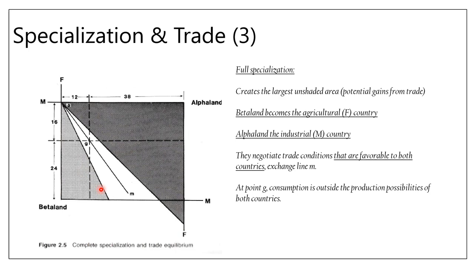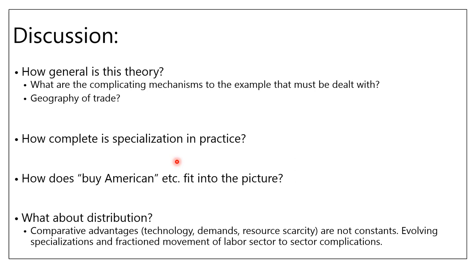But what is not captured out in here is, what if in this specialization there was somebody who owned a machine factory, or somebody whose primary skill is working in machines. Well, now they're going to have an income loss because they're going to be forced to move into food production. They can't move easily over to Alpha Land and earn their same income that they were. And so it's a distributional cost.